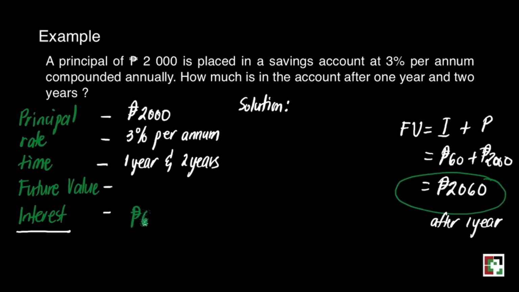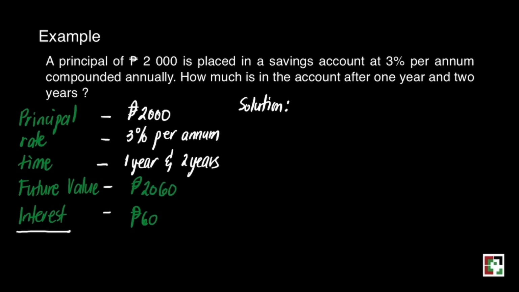We can write the interest here, that's 60 pesos, and 2,060 pesos as our future value. This 2,060 pesos is our principal right now. And since our lesson is all about compound interest, we are not going to use the original principal, which was 2,000, but instead we'll be using the 2,060, which is the future value of what we had a while ago after 1 year.